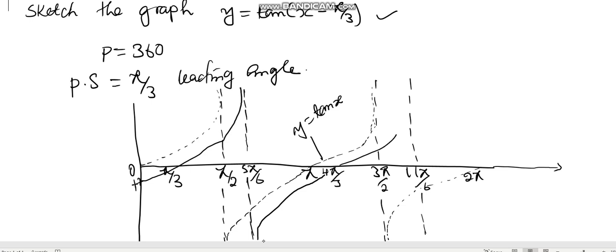And then it will get as close as possible to 11 pi over 6, but it won't touch there. Then from down there, at 360, it will end where it started from, which is negative 1.7 there.